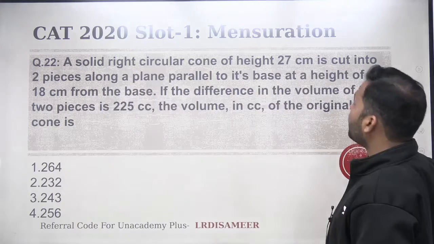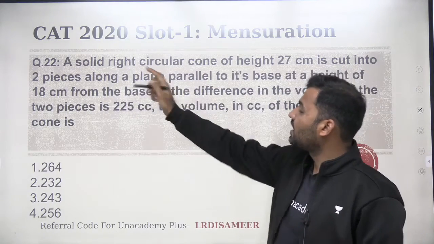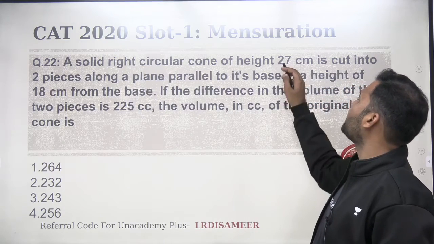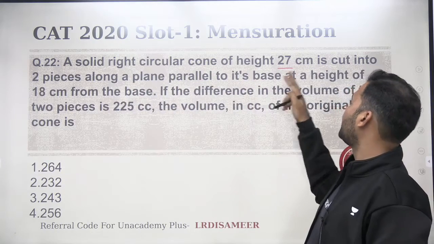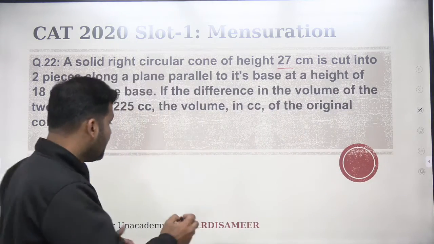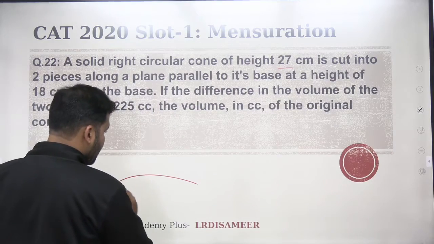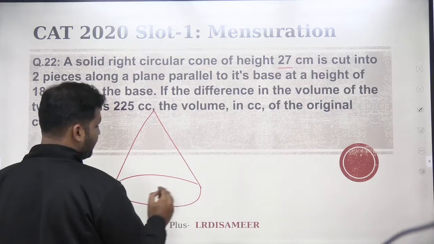Let's have a look at the question of CAT 2020, question number 22. It says a solid right circular cone of height 20 centimeter is cut into two pieces along a plane parallel to its base at a height of 18 centimeter from the base. So what is happening in the question? You have a cone with a height of 27 centimeter, right?